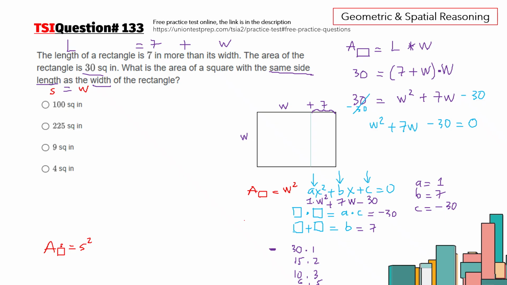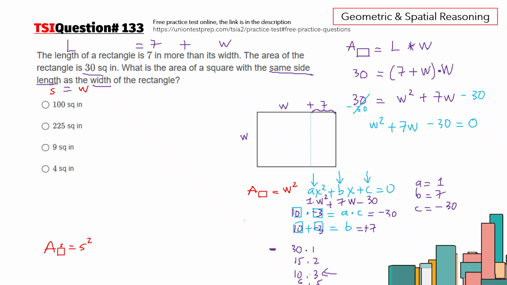To find it, we look at the difference between the two numbers. 15 and 2 is 13, right? So only 10 and 3 is maybe. And the negative has to go with the smaller number, so negative 3, because negative 10 and 3 would be negative 7. You want 7. So the result is a positive number, meaning the positive number is bigger than the negative one. Okay, so 10 times negative 3.